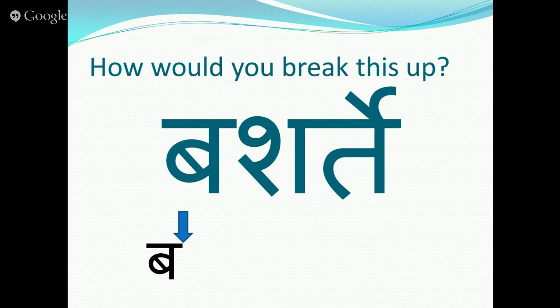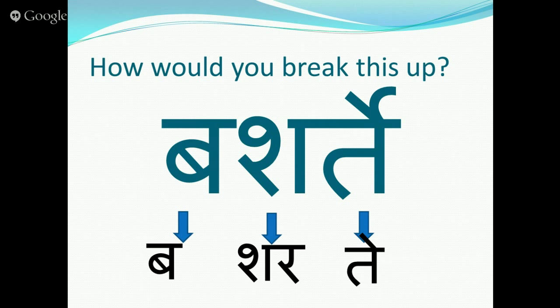Second syllable, following the same principle of ra to the far right, would be sh. We got rid of the after ra, right? Shar and then te. So this is not basharate, but this is basharte.